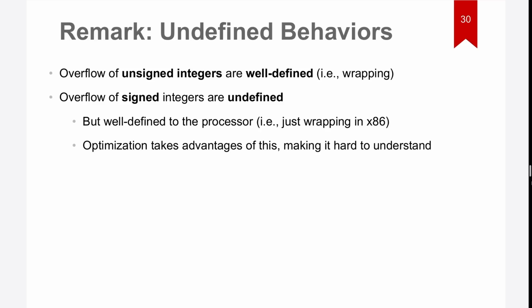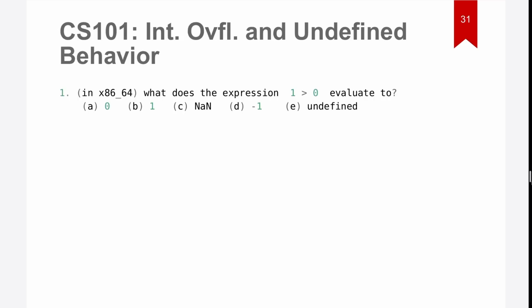At least in x86, but that's not guaranteed by the C standard, whereas for unsigned integers, it is guaranteed. Optimization takes a lot of advantage of this in library code, which makes it hard to understand. Or also in the compiler.